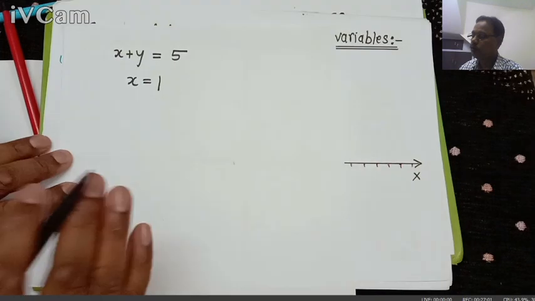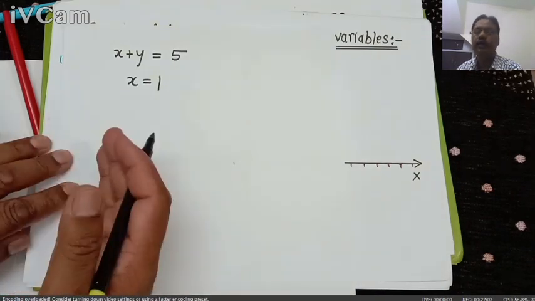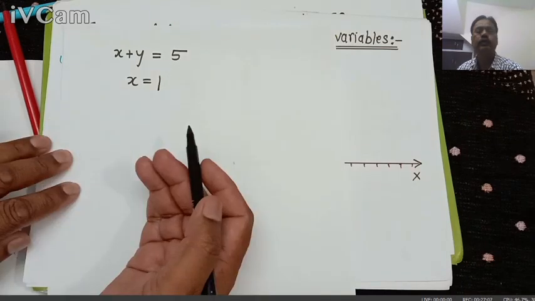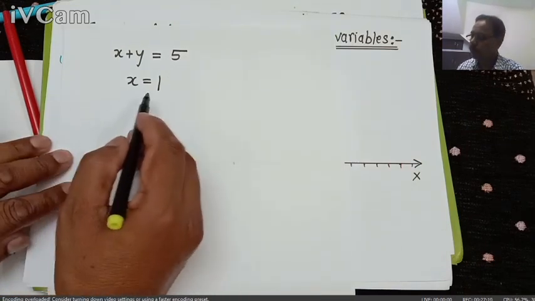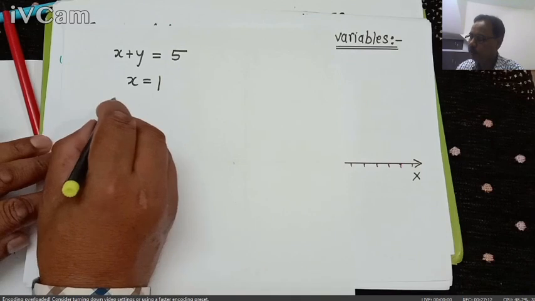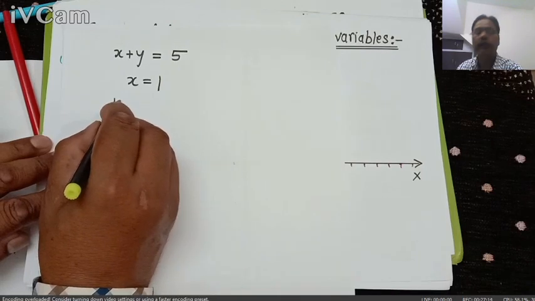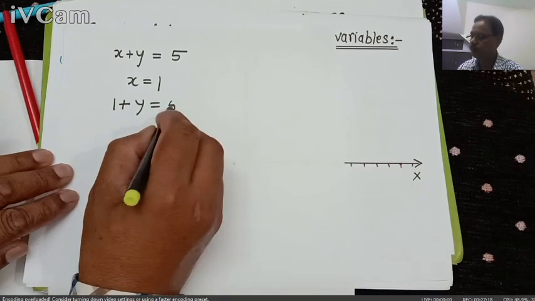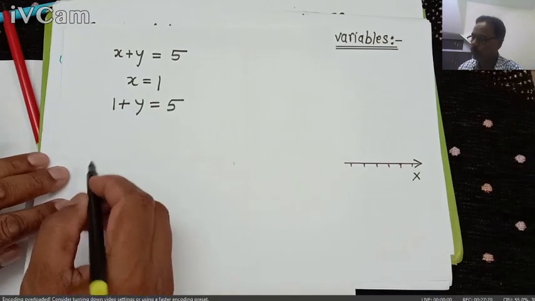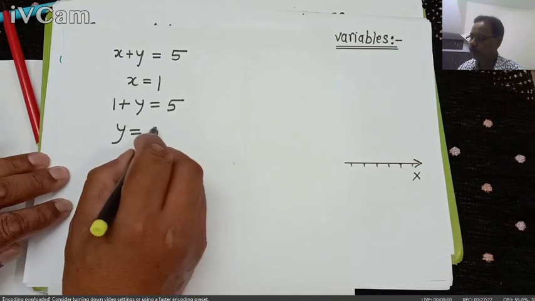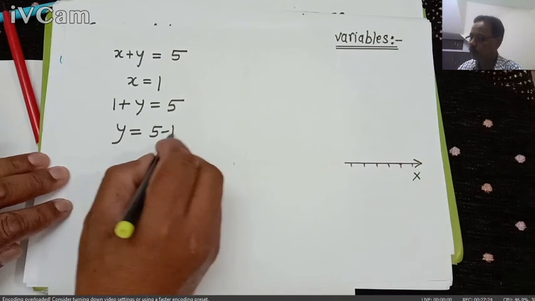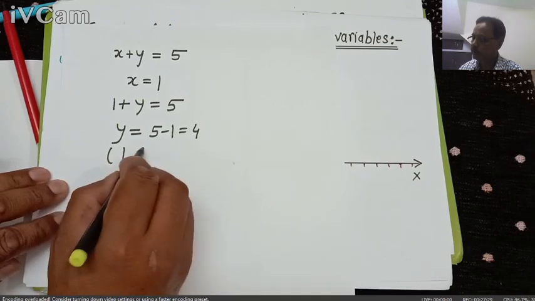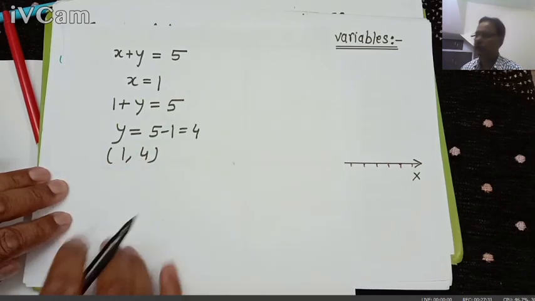I told you, whatever you want to put at first, either in place of x or in place of y, you are free to do. So let us put x equal to 1. So it will become 1 plus y equal to 5. Therefore y equal to 5 minus 1 equal to 4. So the first solution we have got is (1, 4).